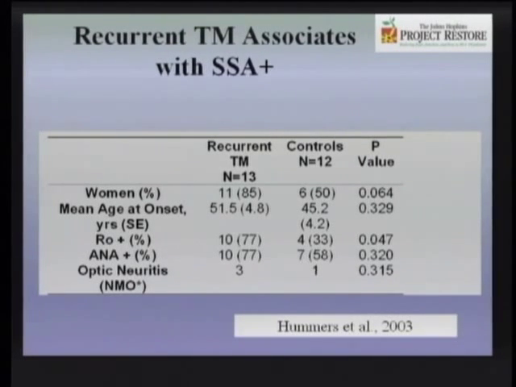And in this case, we check at first onset of transverse myelitis for particular antibodies, in this case called SSA, or anti-Ro antibody, because if it is present, it, like NMO-IgG in the appropriate context, predicts recurrence. And so here we are in the first phase of an acute attack, trying to define what the risk is of recurrence. And the SSA and the NMO-IgG antibody both help with that.